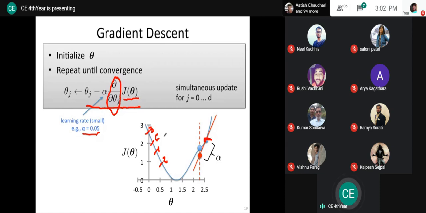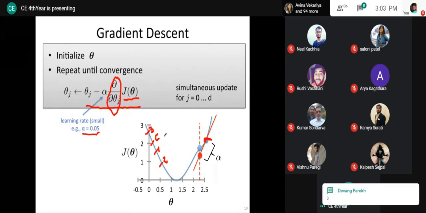Out of these points 1, 2 and 3, if after updating theta I reach some point x, then that is actually a wrong learning. So what will be the value of that x, whether it's 1, 2 or 3? 3, correct.